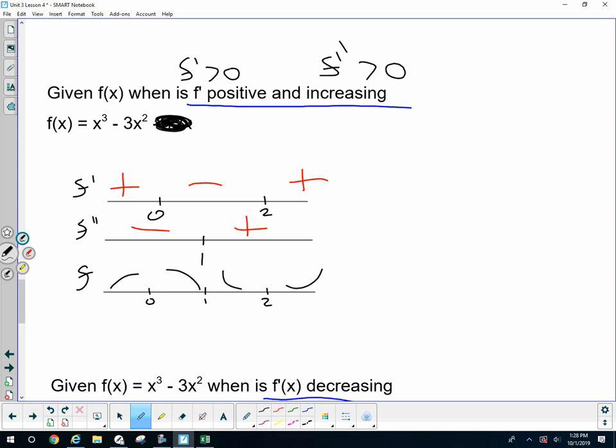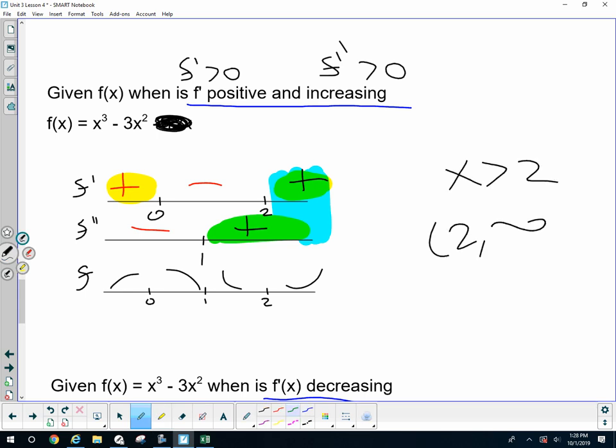So I think, okay, I've done the positive negative sign analysis. When is f prime positive here? When is f double prime positive here? When are they positive and positive together here? So that would be my answer. X is bigger than 2, or from 2 to infinity, you need to be comfortable with both interval notations.